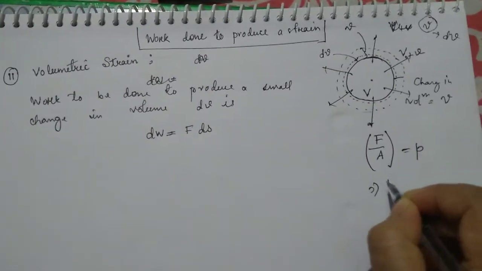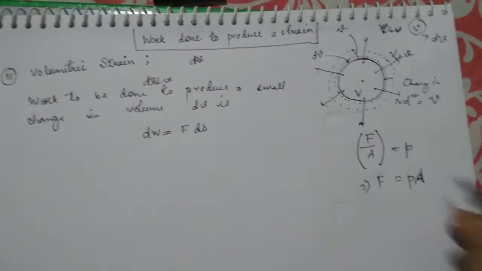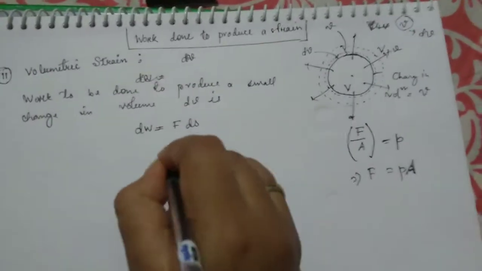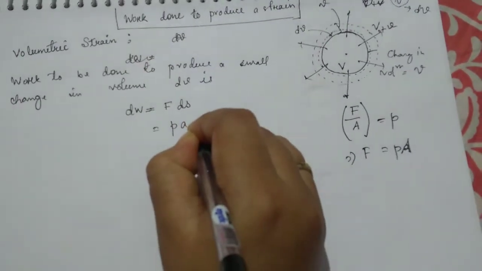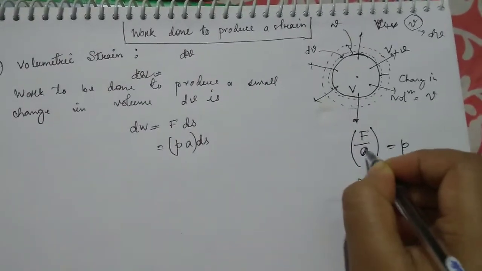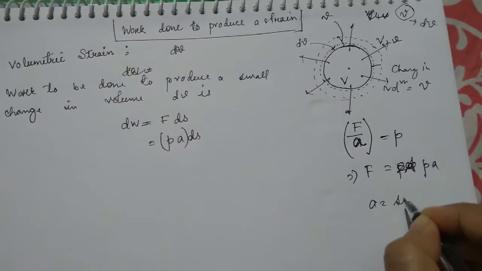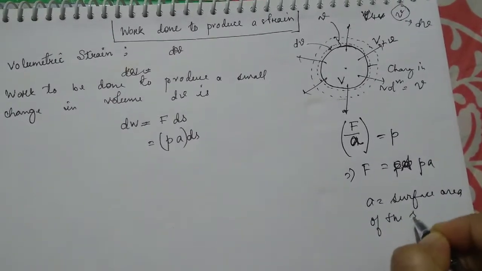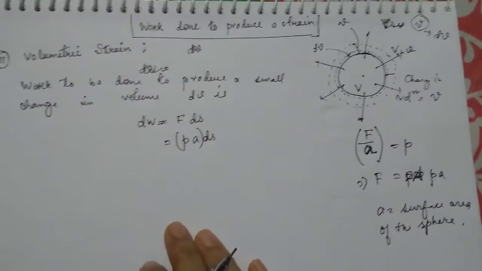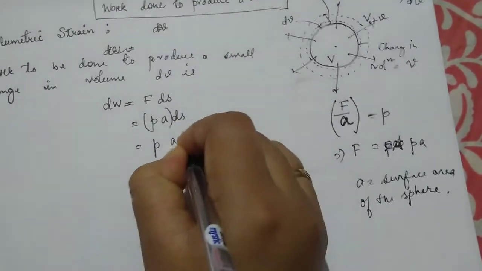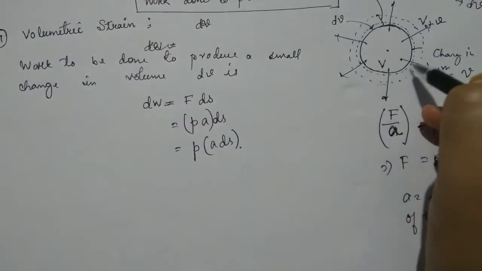So F is nothing but P into A, where A is the surface area of the sphere.